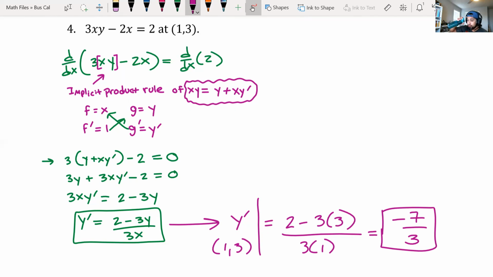So we do that product rule when they have an x and y next to each other. Exactly. When they're connected by multiplication, you're going to have to product rule it.